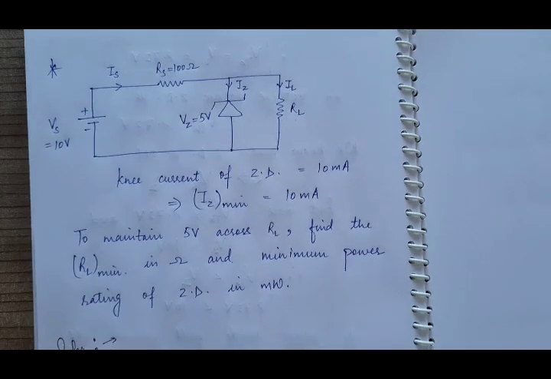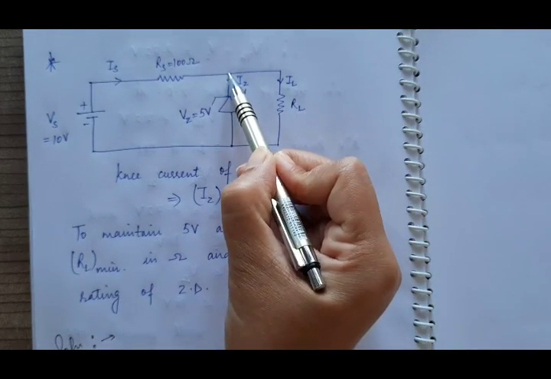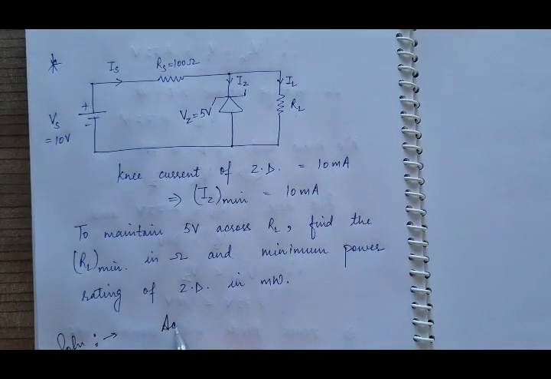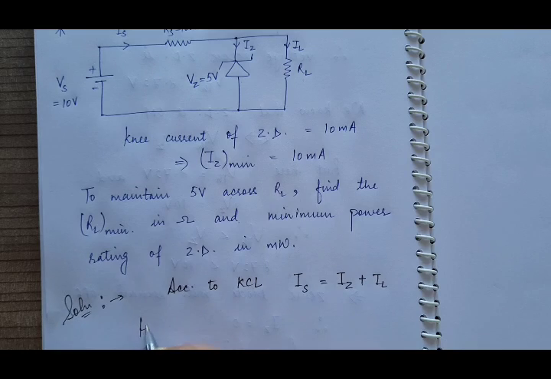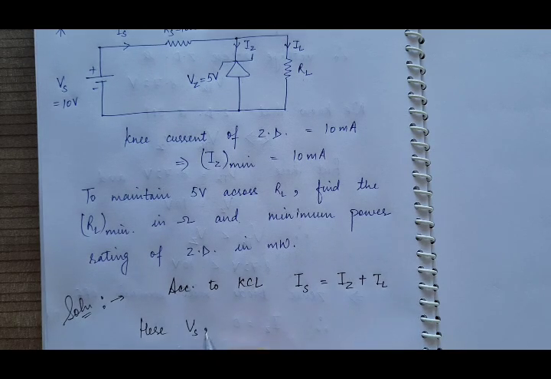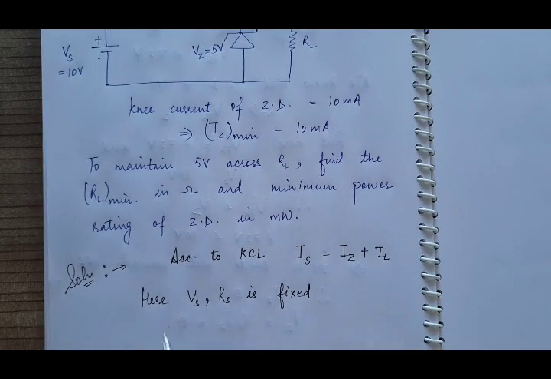So, when you apply Kirchhoff's current law at this node, we will have Is equal to Iz plus IL. But here Vs and Rs are both fixed. This implies Is is also fixed.